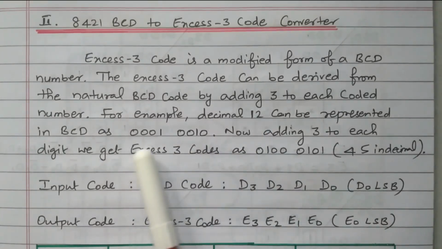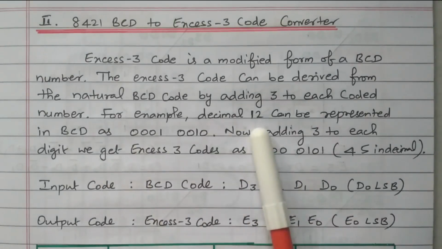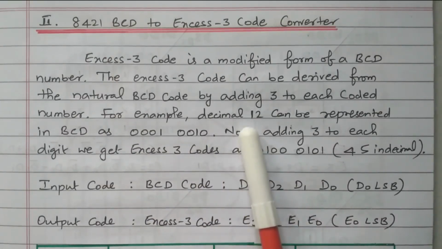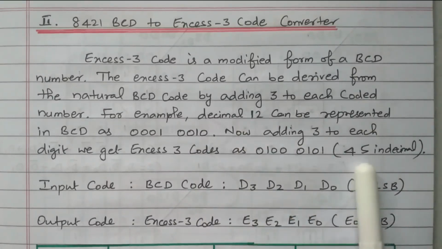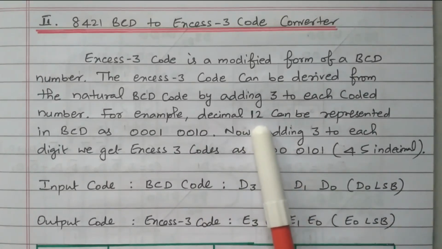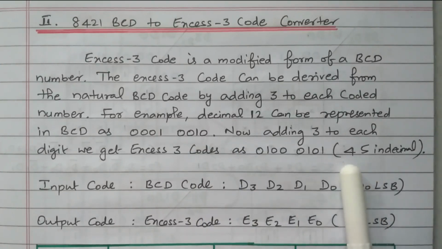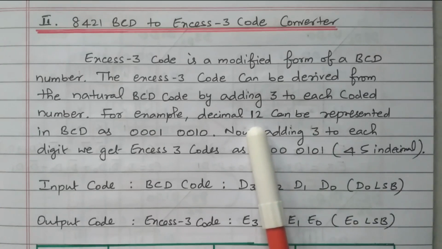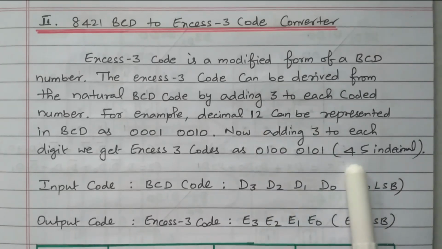So 1 is represented separately by 4 digits, 2 is represented by 4 digits separately, using the weightage 8421. So XS3 means with this we have to add 3: 1 plus 3 becomes 4, 2 plus 3 becomes 5, right. So 45. So XS3 code for the decimal number 12 in BCD is nothing but 45.